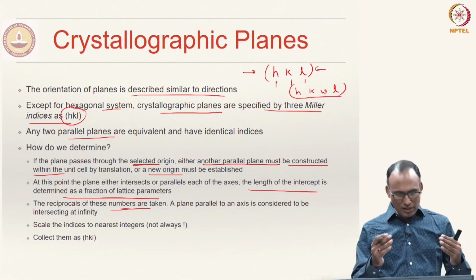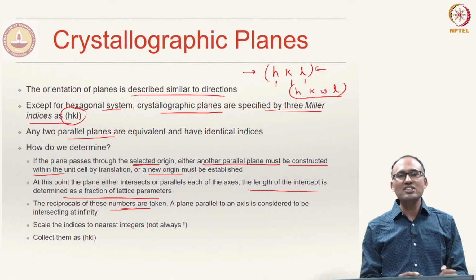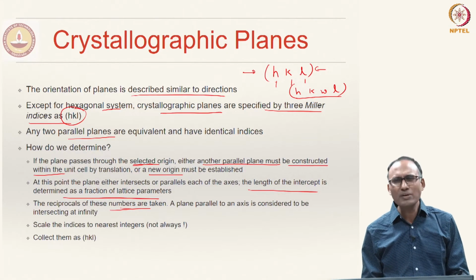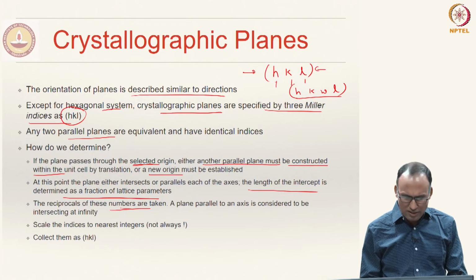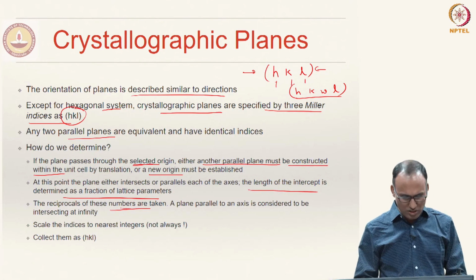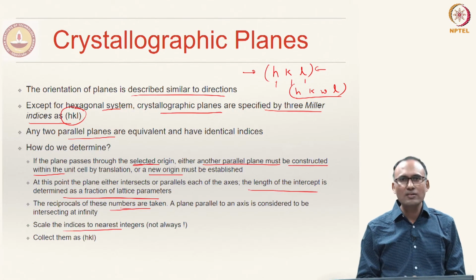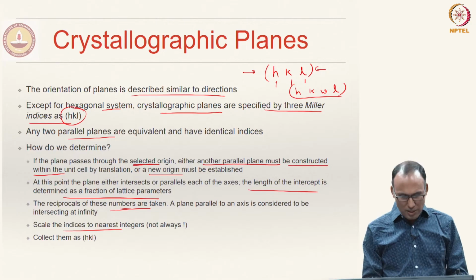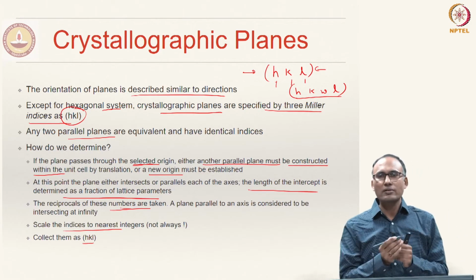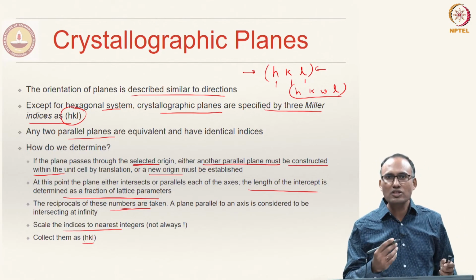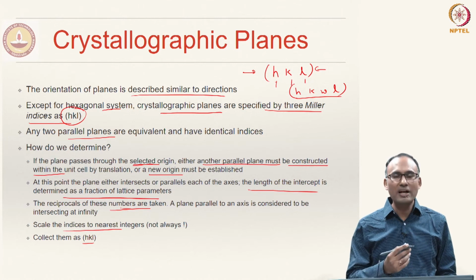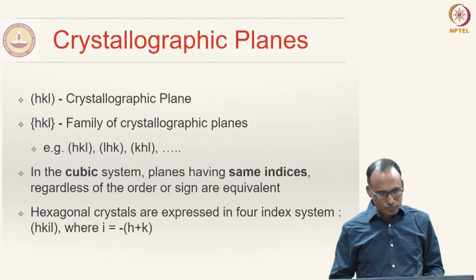Now again, scale the indices to the nearest integers. Sometimes you do not actually do the scaling, but usually in this class we will do the scaling to the nearest integers, and then collect the numbers and put them under parentheses. That is how you will identify the Miller indices for crystallographic planes.